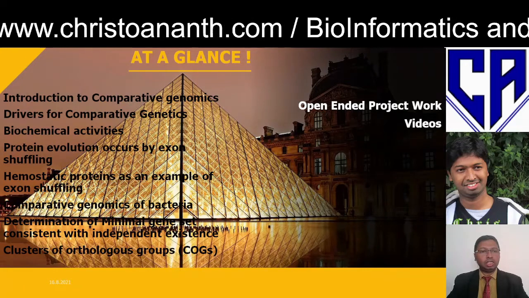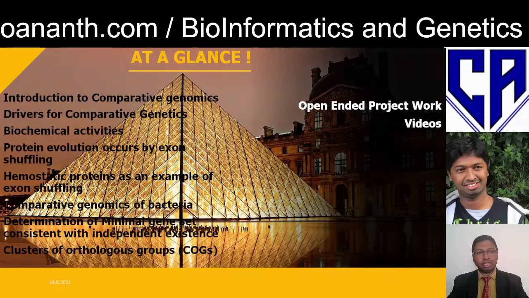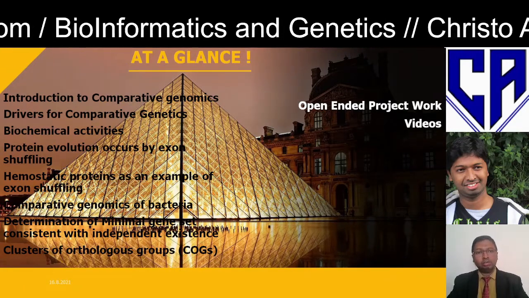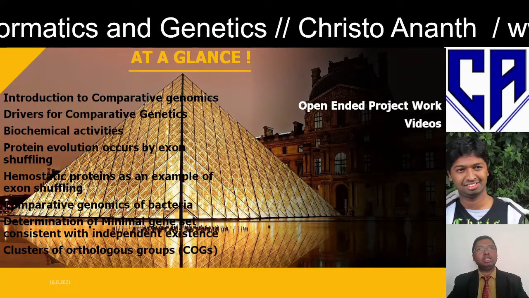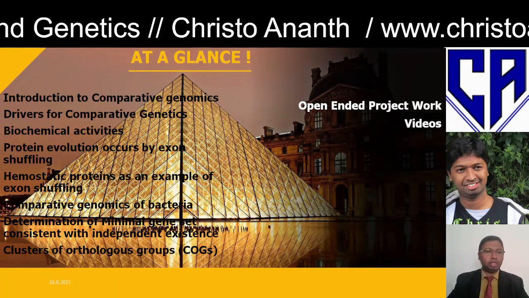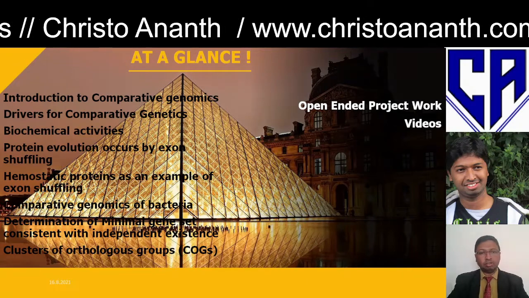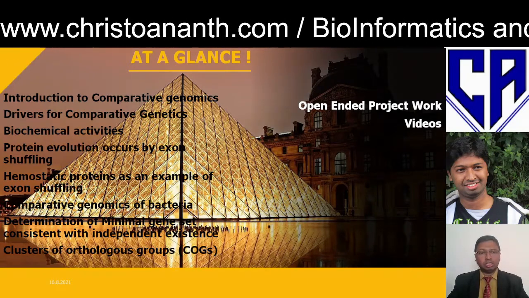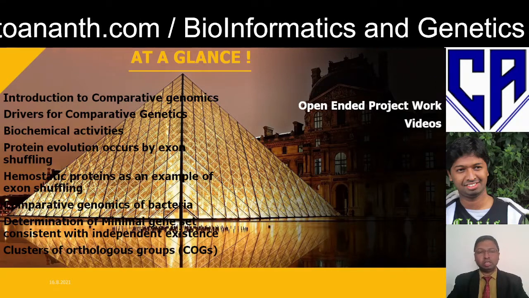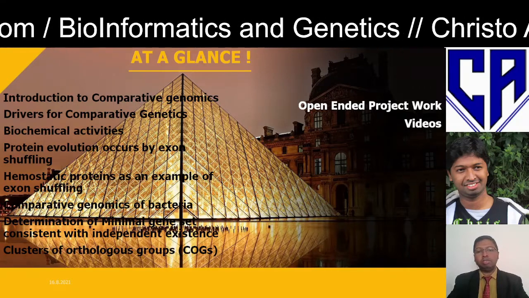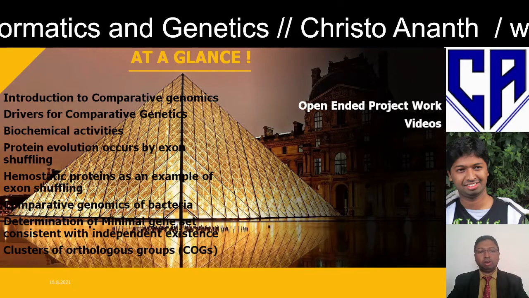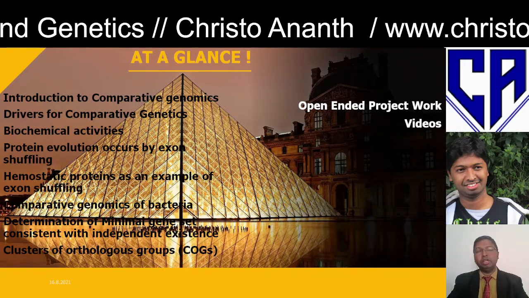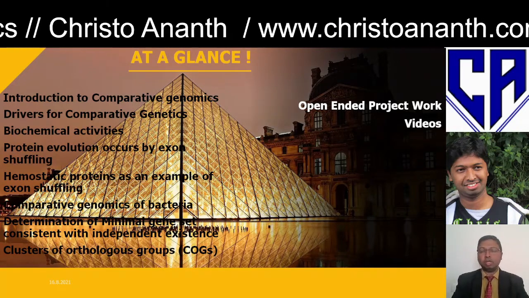Then we see how hemostatic proteins can be considered as an example of exon shuffling. Then we discuss the comparative genomics of bacteria. Then we determine the minimal gene set which is consistent with independent existence. Then we form COGs, clusters of orthologous groups.